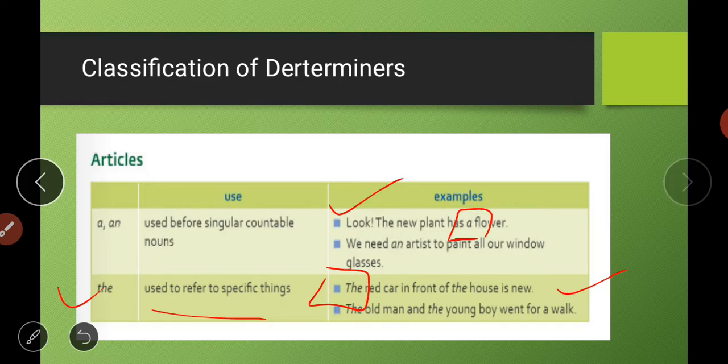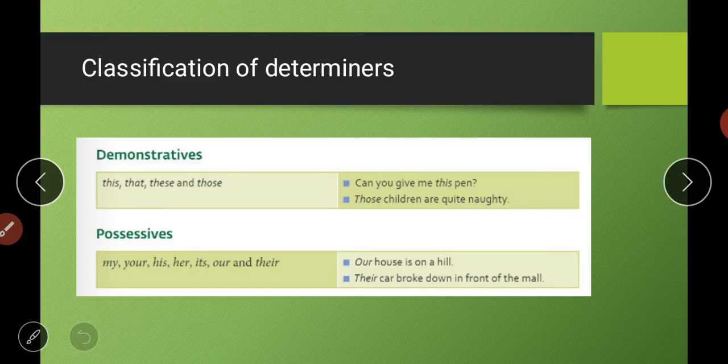Moving to the next one now. Next come your demonstrative determiners. This, that, these, those are all demonstrative determiners. Like, can you give me this pen? Those children are quite naughty. This, that, these, those demonstrate a kind of object, so these are demonstrative determiners. Then come possessives.